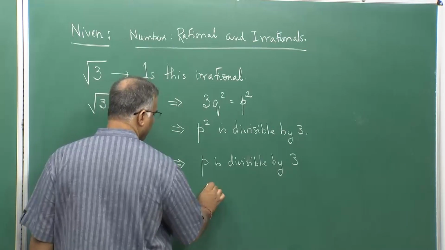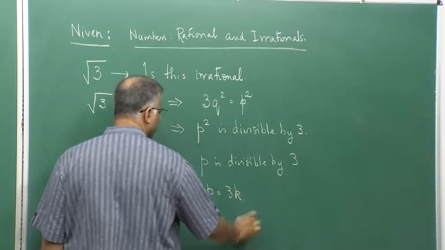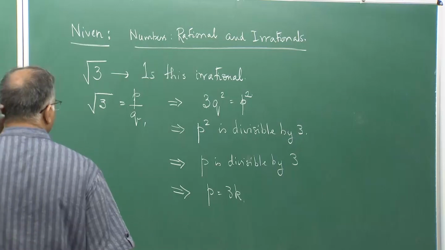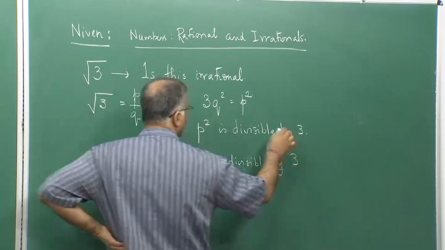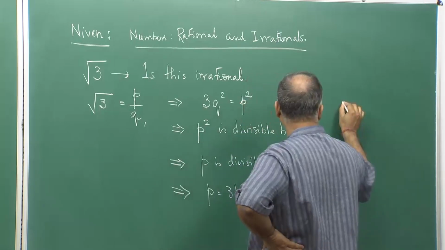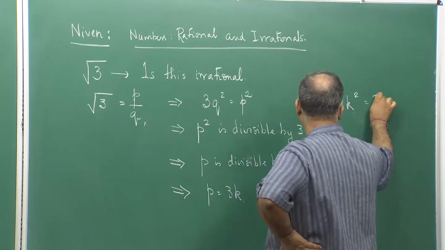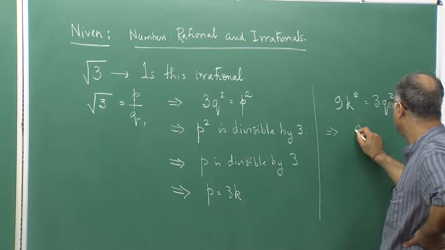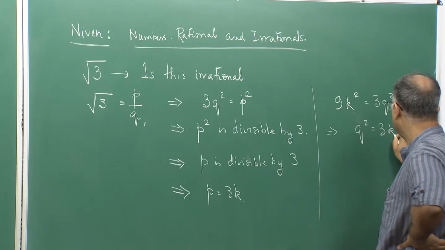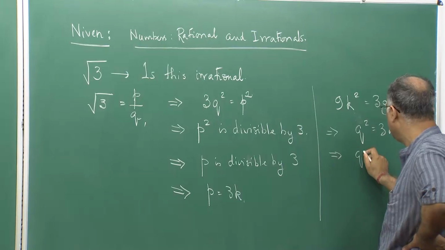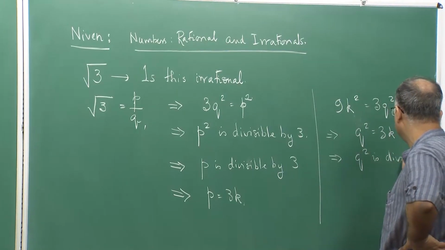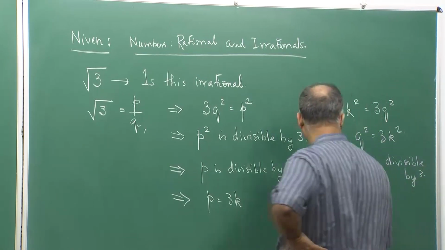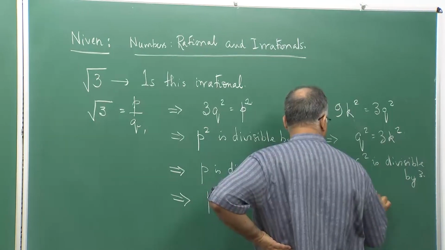So, that implies that P can be expressed as 3 times some K, say. This is divisible by 3, K is the quotient when you divide P by 3. So, if I put this in this equation, you will have 9 K square is 3 Q square. So, that would imply that Q square is 3 K square, which implies that Q square is divisible by 3 and hence it would imply that Q is divisible by 3.